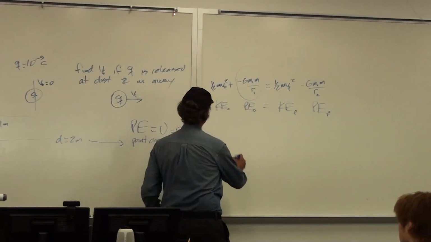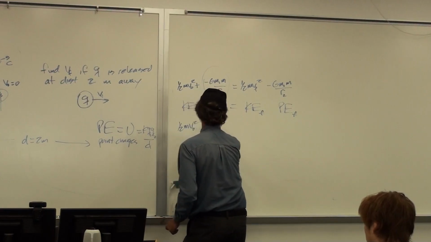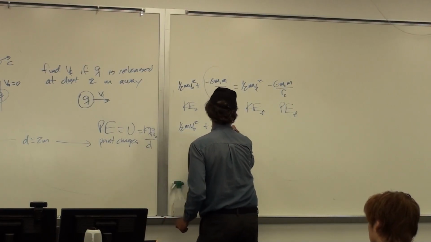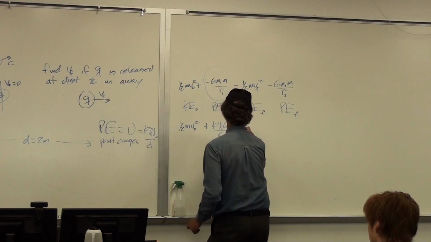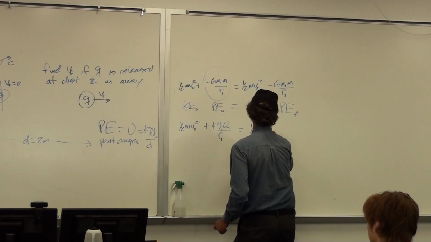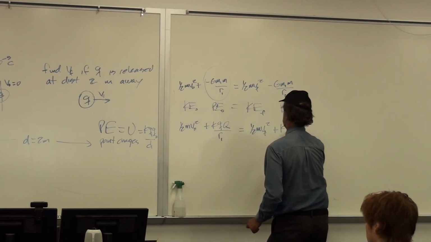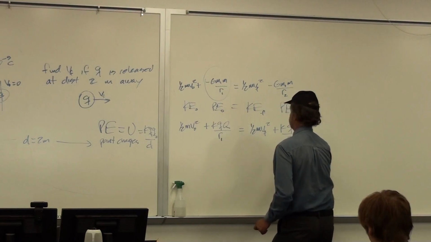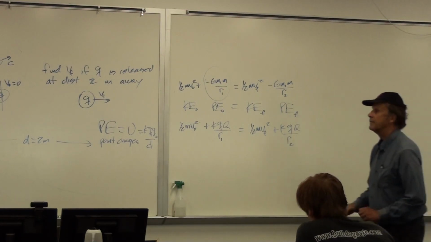So what we're going to replace this with then is 1/2 mv initial squared plus kq big Q over r1 equals 1/2 mv final squared plus kq big Q over r2. Not over r squared, but over r.